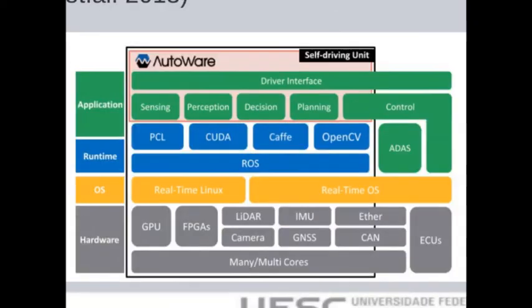And here is more on the software side. To run Autoware you need a very good GPU, you need to use Linux, you need to use ROS, and you need to understand a little bit of Docker.